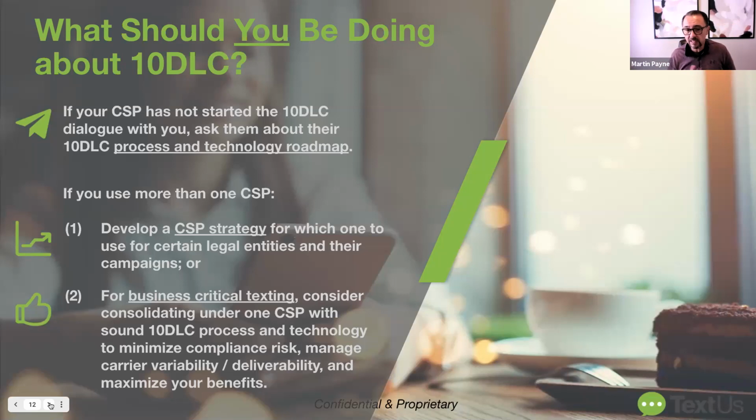In the example I gave earlier, let's say you're pushing the limit one month and you run into a cap with one of the carriers. Well, if you're using two CSPs, you really don't know which CSP might bring you over that cap. So there's a visibility and management piece to this that's important, we believe, when you consider your business critical texting needs.